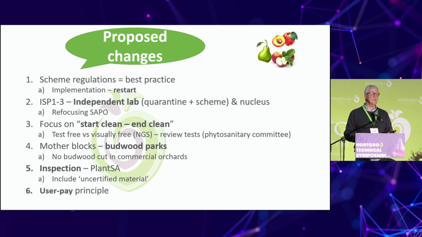There's new technology in terms of testing, next-gen sequencing, very expensive, 8,000 Rand a test, but it gives you the opportunity of doing a broad range of diseases that you can identify. Whereas currently, for PCR or ELISA, you focus on one virus. So you test for the one virus, and if it gets it, then it's a positive.